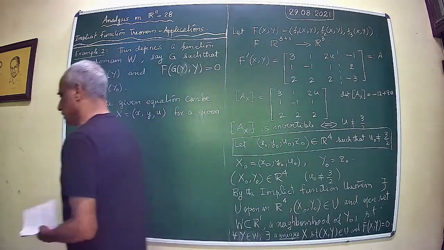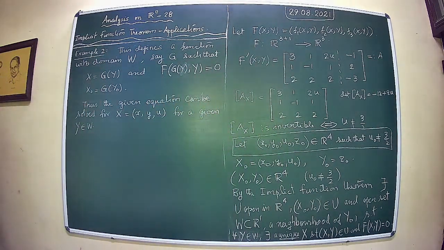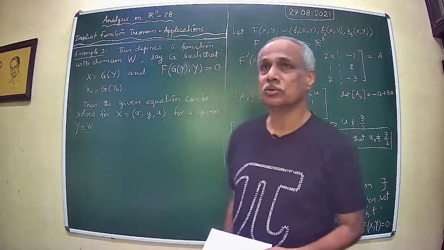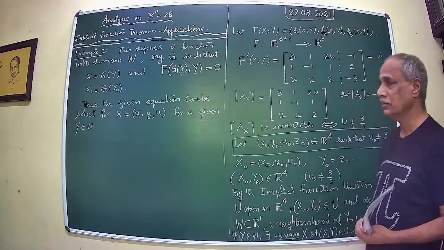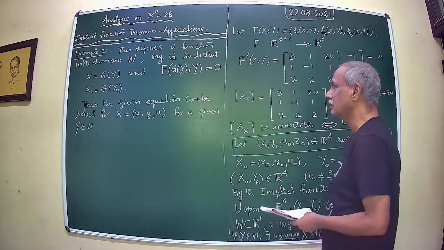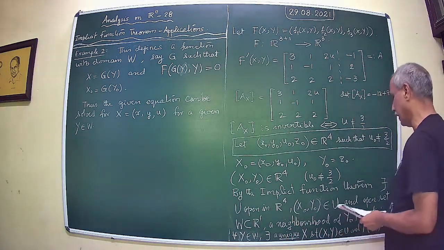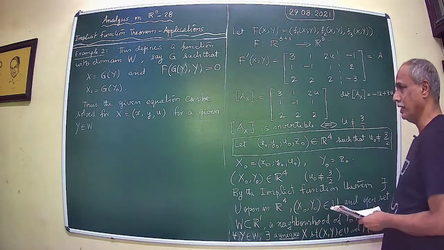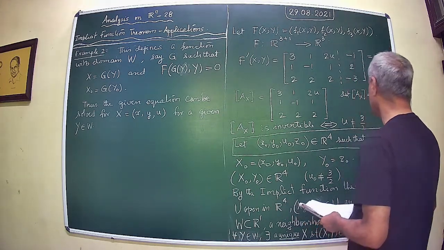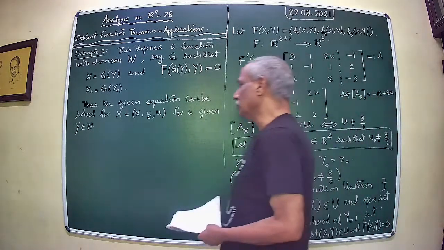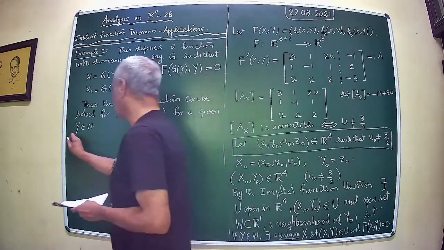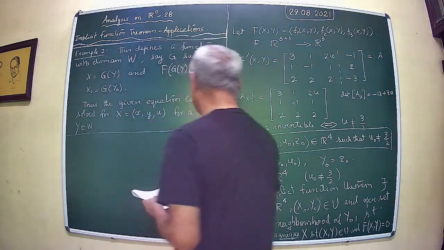Okay, so this uses the implicit function theorem to assert that for a given y, that means corresponding to a given z, there is a unique solution for this equation. Okay, so that answers the first question.